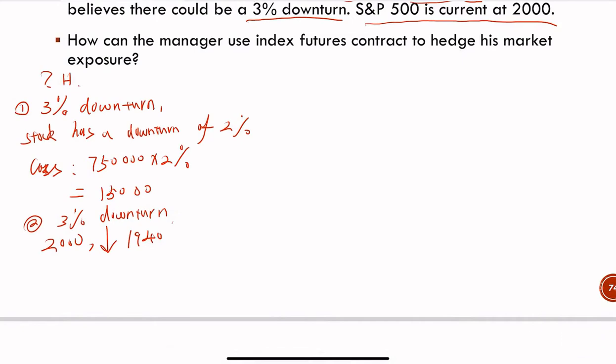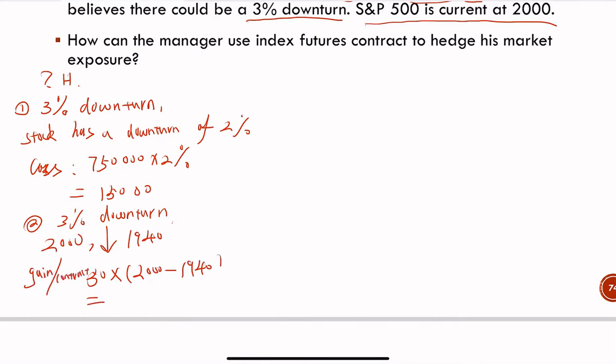And in this case, you can see that per contract, the gain would be the multiplier times 2000 minus this. So this is the gain per contract.